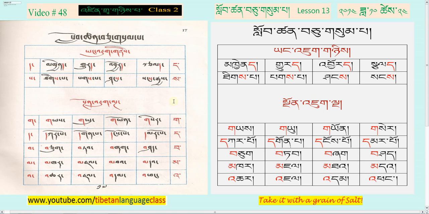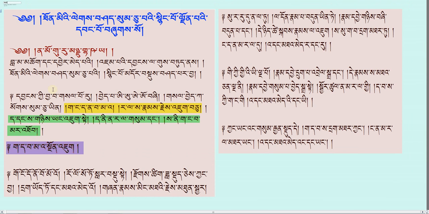Okay, so if you remember from the previous video, I'm gonna go back to the root text. In the previous video, we learned about the 10 suffix letters, which are ka, nga, ta, na, pa, ma, a, ra, la, and sa.